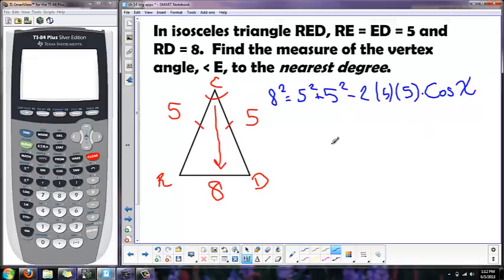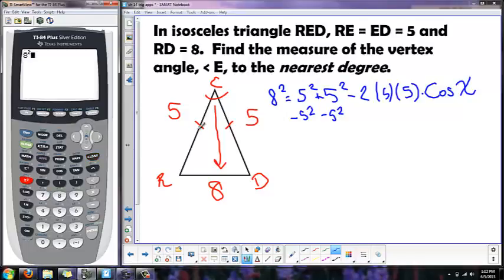So when you type it in, the first thing that I would do is subtract the 5 squared on both sides. So instead of squaring this number, squaring that number, adding them together, then subtracting, let's just have the calculator do the work for us.